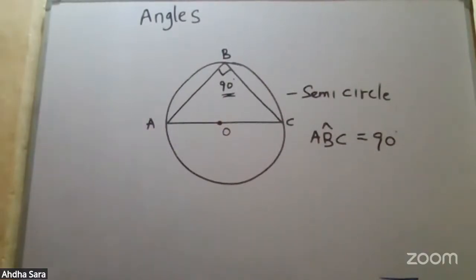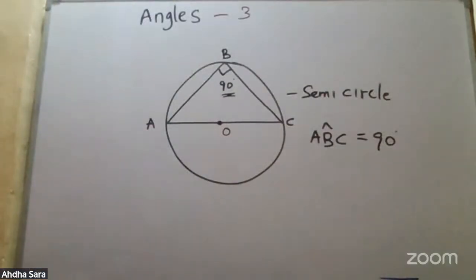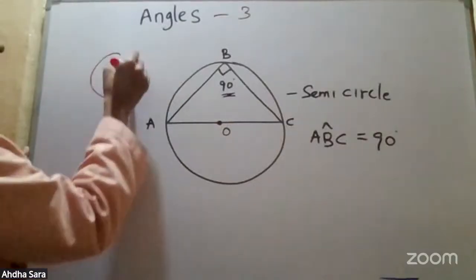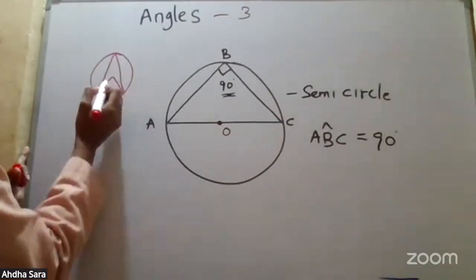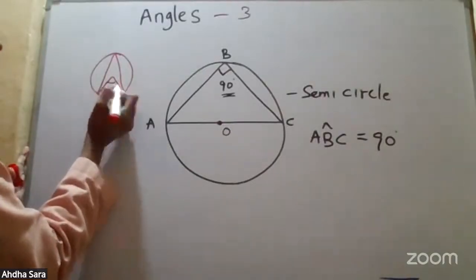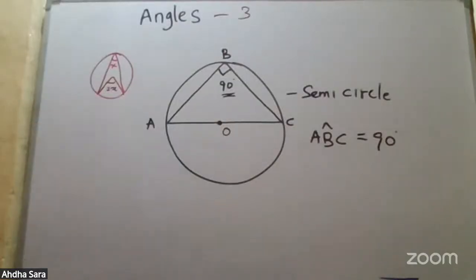So we have three theorems that come under angles. First, the angle subtended at the center will be twice the angle subtended on the remaining part of the circle.